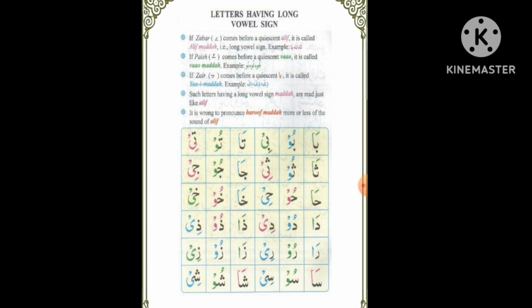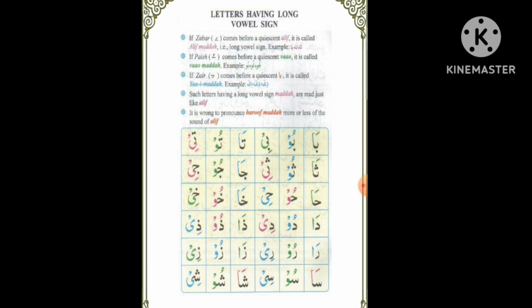See, kha is a heavy letter, so with the alif also it should sound heavy. Your lip should be round. Kha, alif, zabar, kha. Kha, waw, pesh, khu. Kha, ya, zir, khi. Dal, alif, zabar, da. Dal, waw, pesh, du. Dal, ya, zir, di. Zal, alif, zabar, za. Zal, waw, pesh, zu.